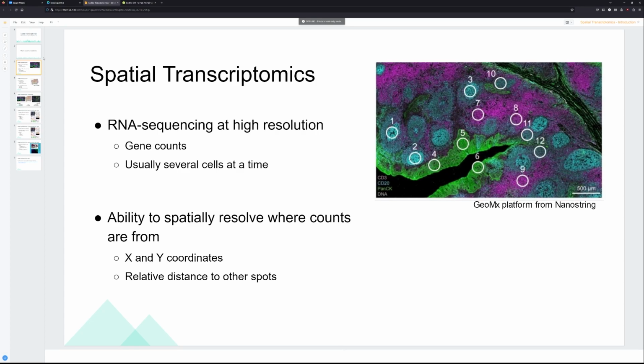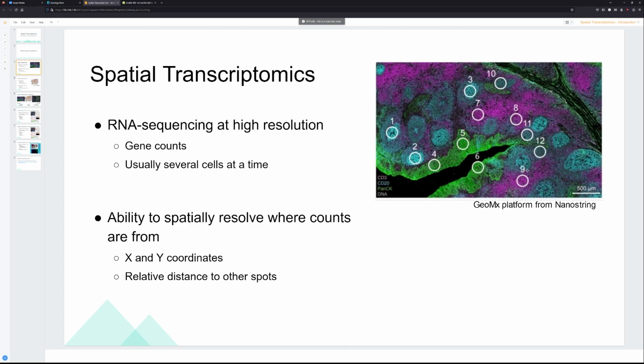What we have with spatial transcriptomics is in our sample, so here on the right-hand side we can see our tumor. We have a handful of different subsamples that come from this tumor, and each one of those is going to have the characteristics of bulk sequencing. You're going to have a read count number for p53 at number 1, number 2, 3, 4, 5, 6, 7, and so on and so forth.